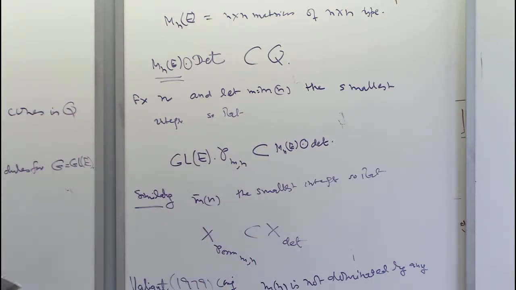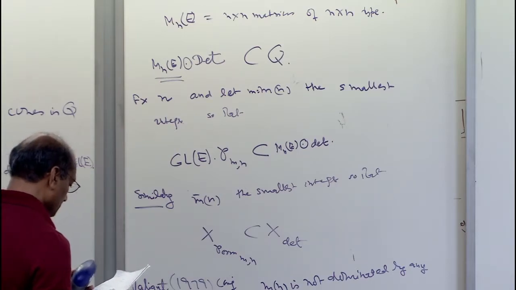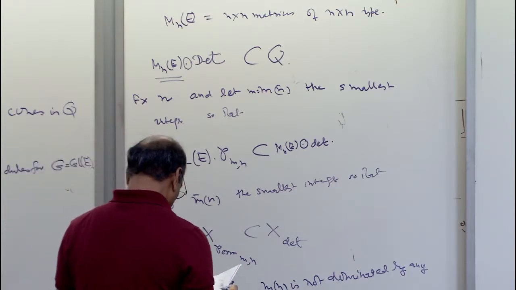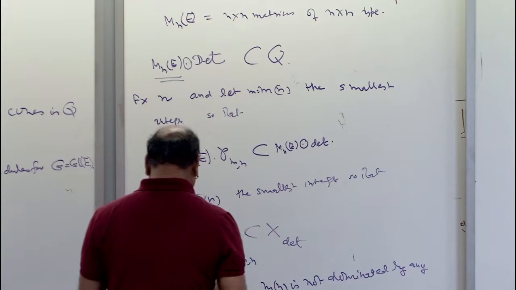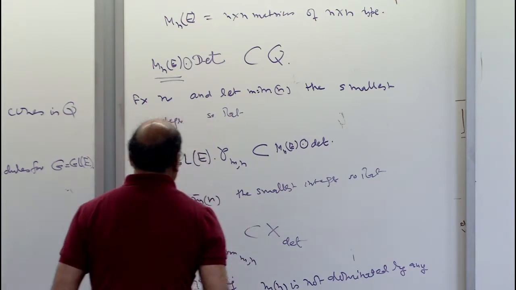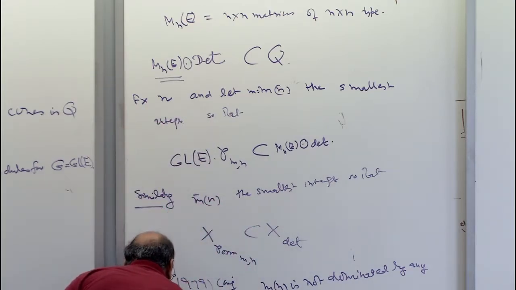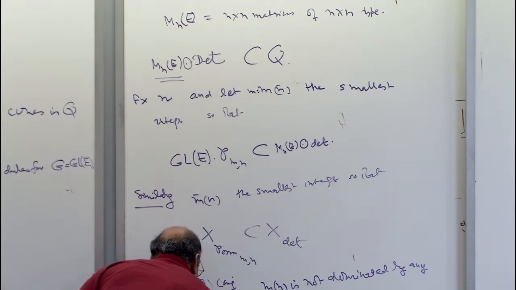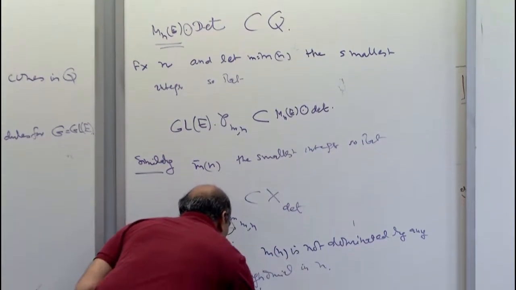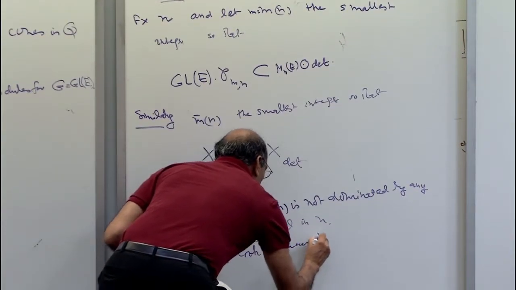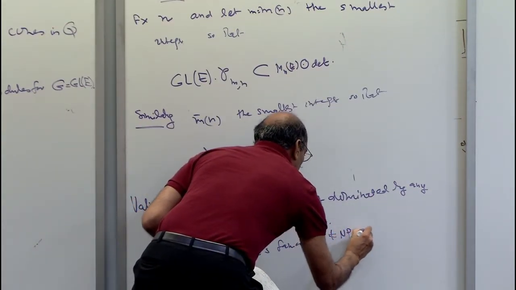And this is some algebraic version of Cook's famous P not equal to NP conjecture.